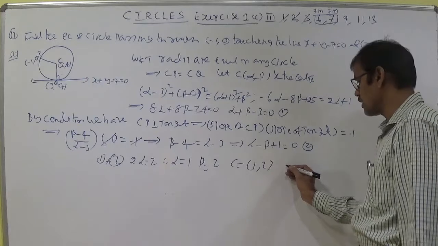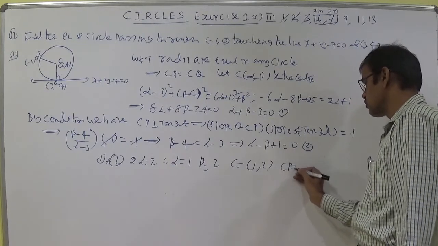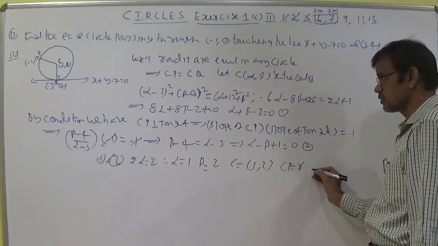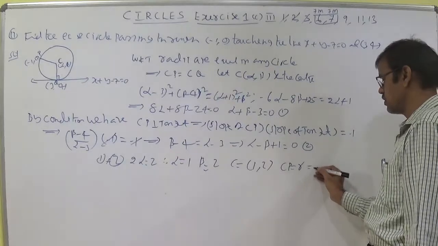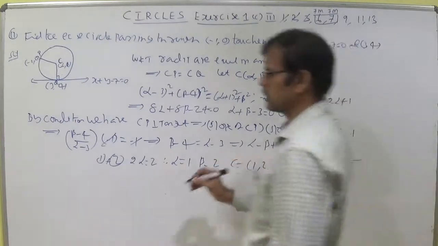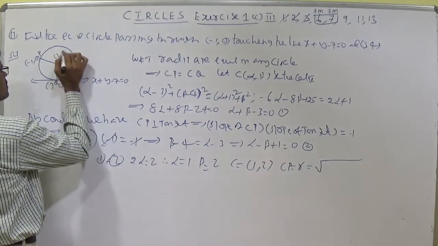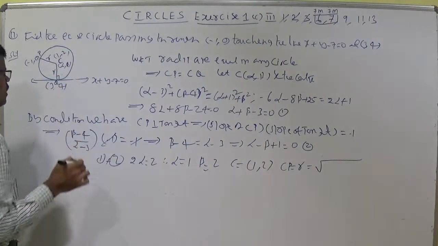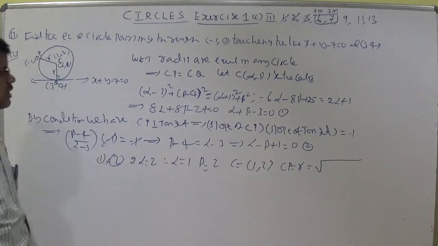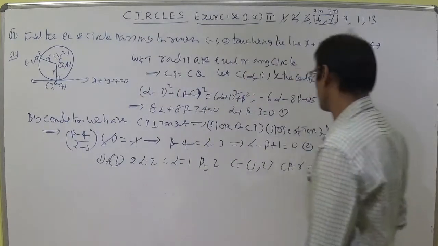So how will you get the radius? Simply write CP is equal to R or CQ is equal to R. The distance between C(1, 2) and P: this distance should be equal to the radius.